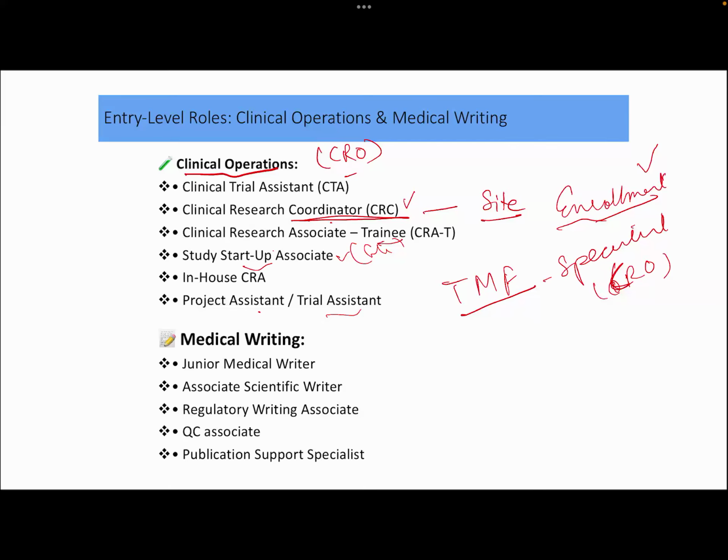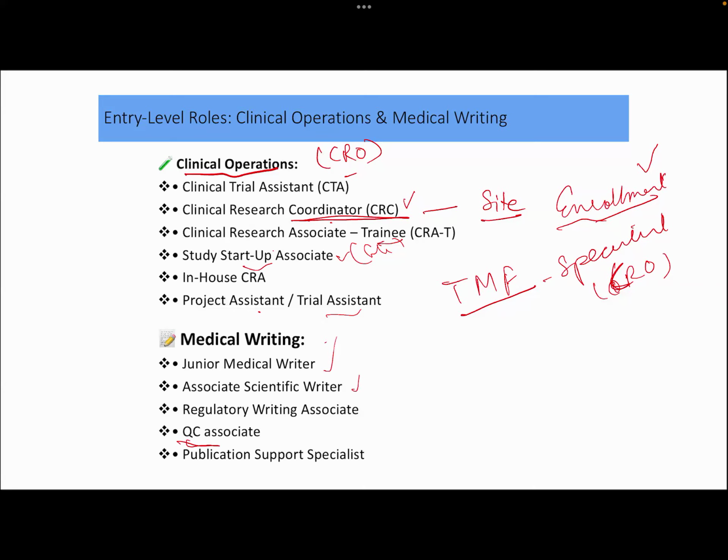Medical writing: junior medical writer, associate medical writer. These roles, the language may be different. Sometimes it will be written as associate only. Quality control associate. So in medical writing, when you go for any job, sometimes they don't give you writing work in the beginning. They say we can hire you as a quality control associate.